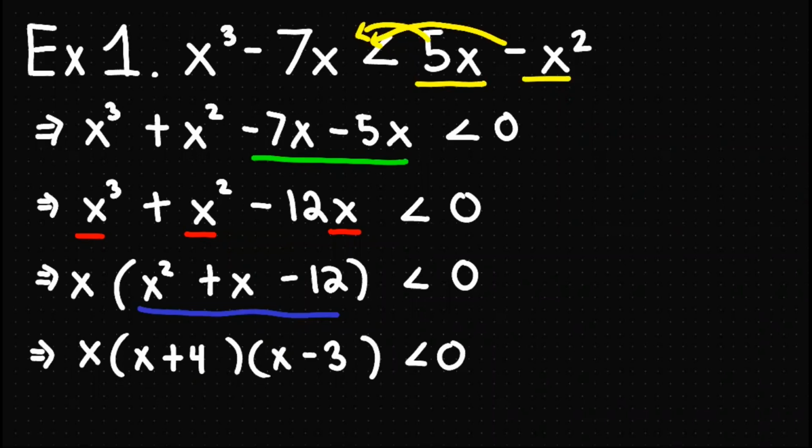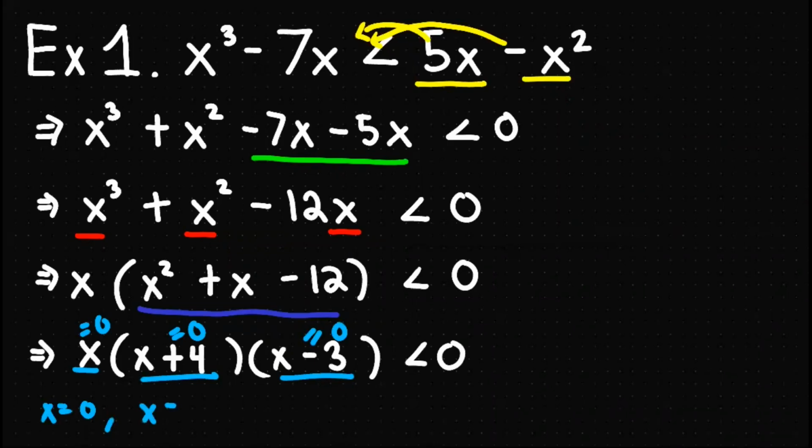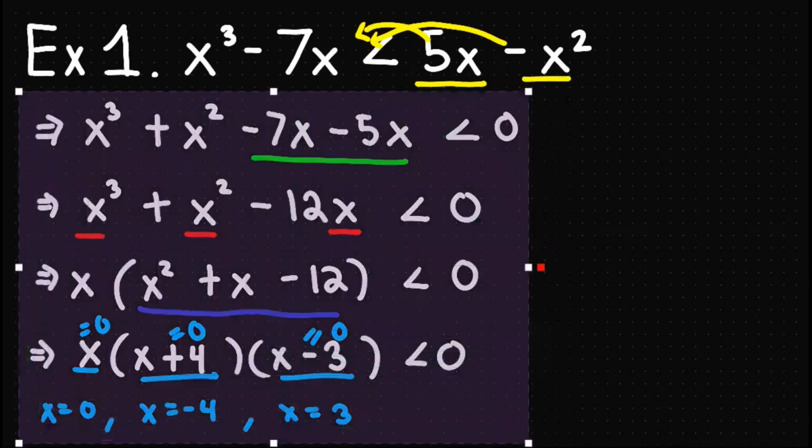So to get the critical point, we simply equate this to 0, this to 0, and this to 0. And that will give us x equals 0, or in the middle, x equals negative 4, or x equals 3. There. So let us resize this first.